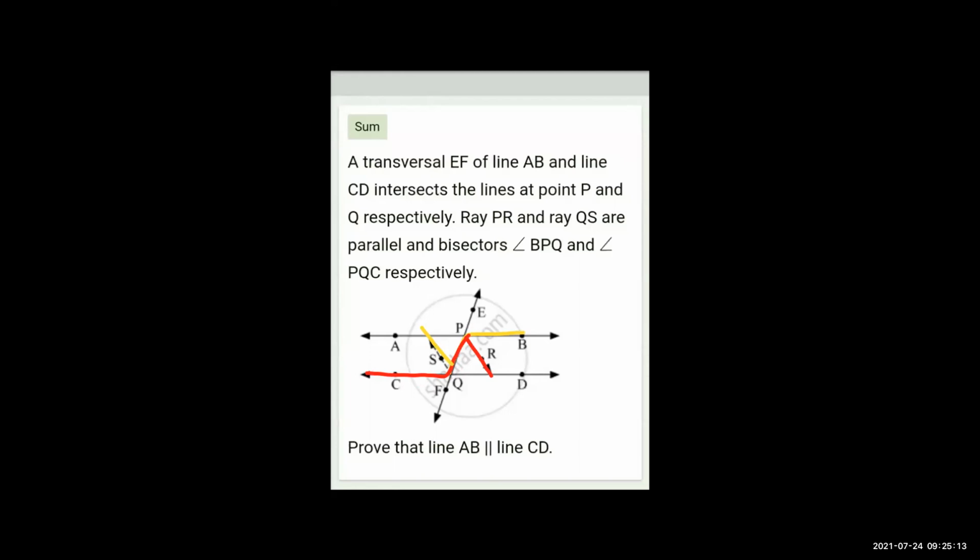Okay, now what we have to prove? That line AB is parallel to line CD.